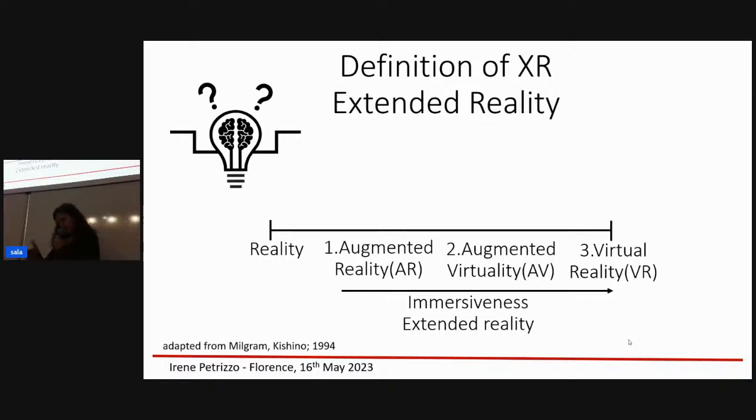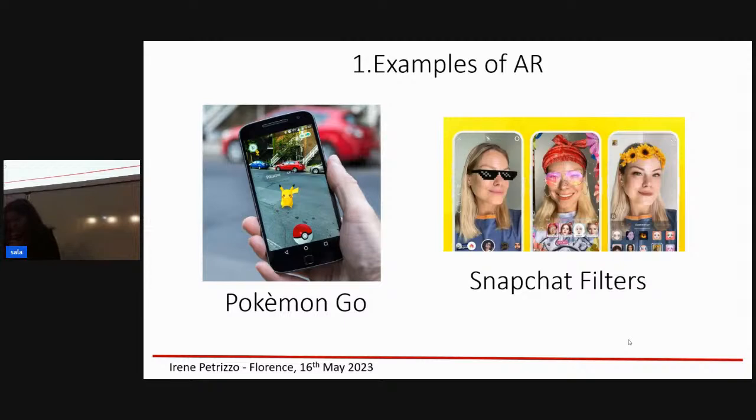As we progress along the spectrum, the level of immersiveness of the environment increases, meaning how much the user is shut off from the real world. Let's give a few examples. Augmented reality is the example of extended reality that is most widely spread nowadays.